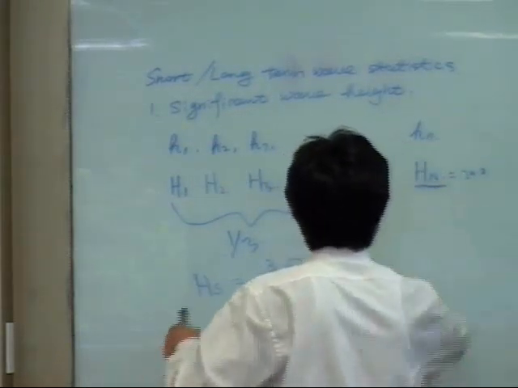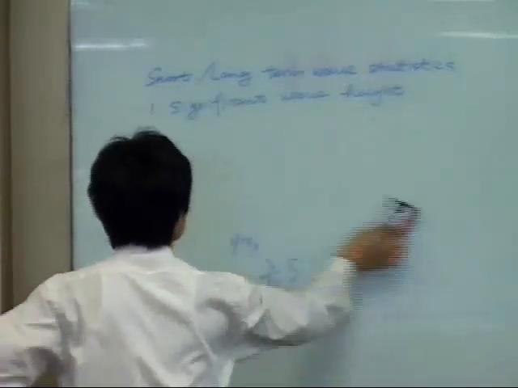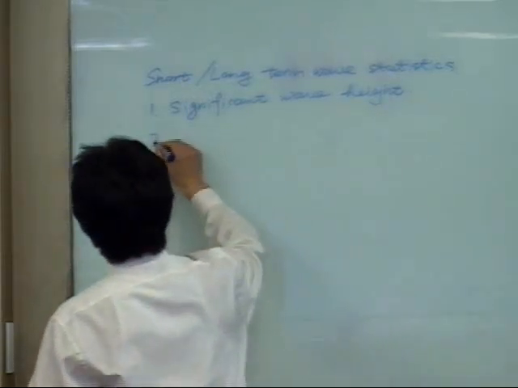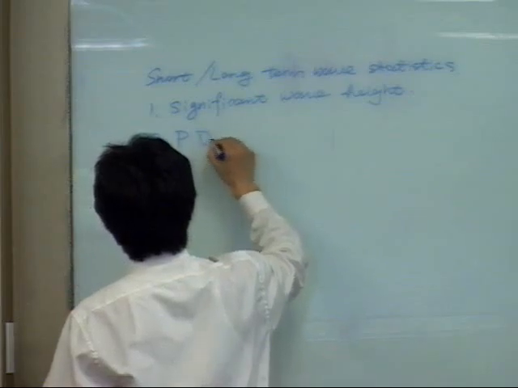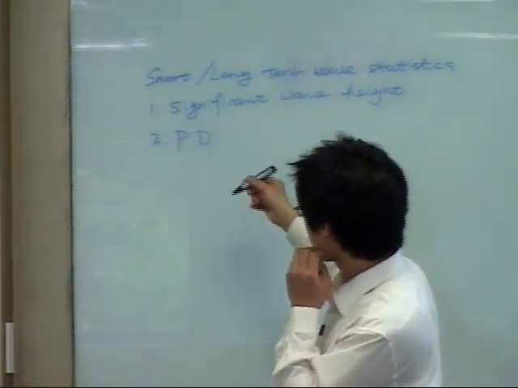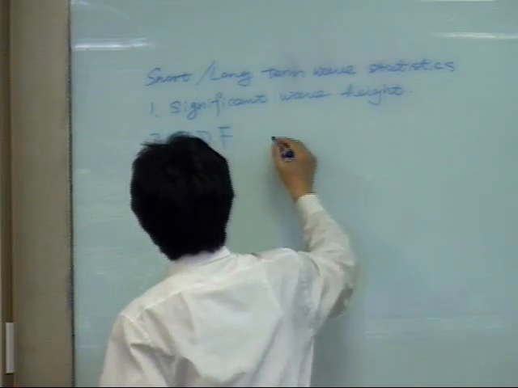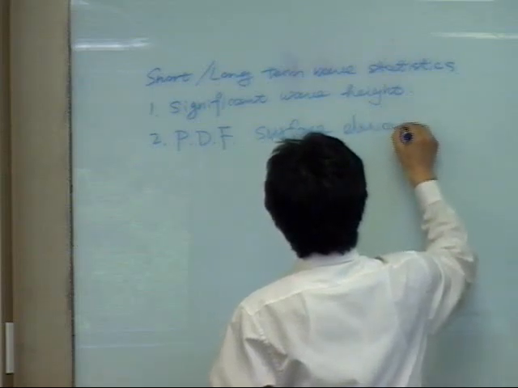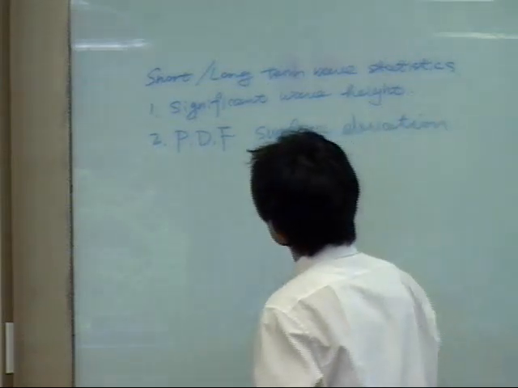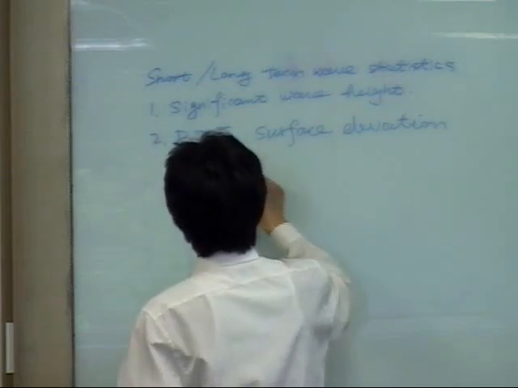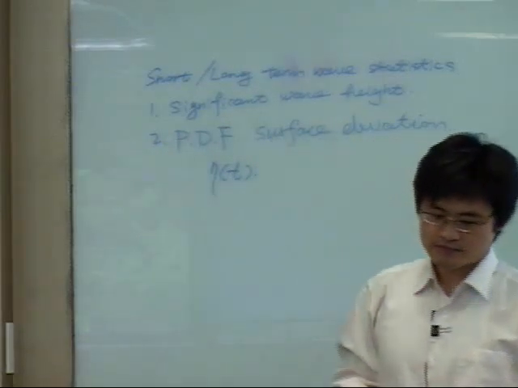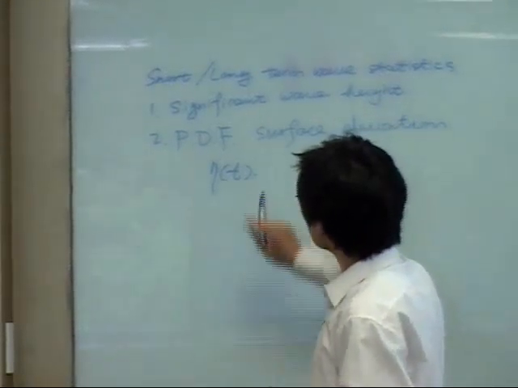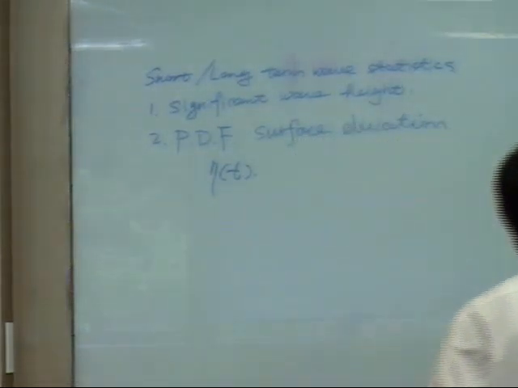And the second thing I'm going to introduce is the PDF, probability distribution function, of the surface elevation. If we have a measurement at a given location, eta of t, just like this.